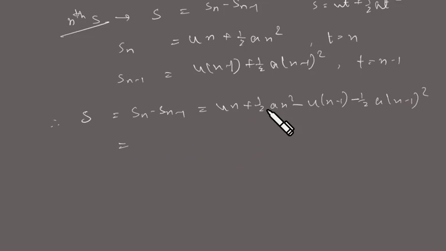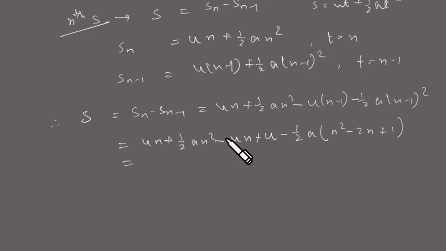We will simply break the brackets here. So un plus half a n square minus un plus u minus half a into n minus 1 whole square, which is n square minus 2n plus 1.